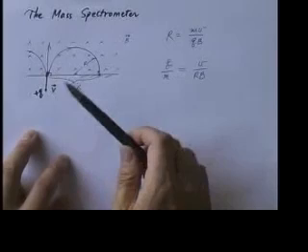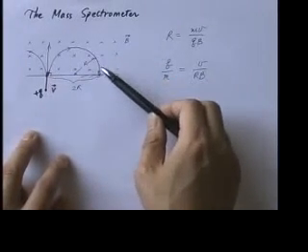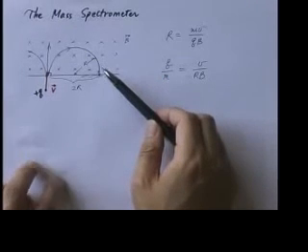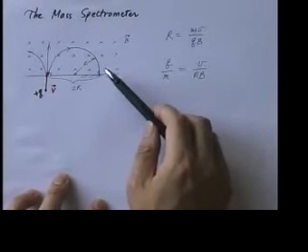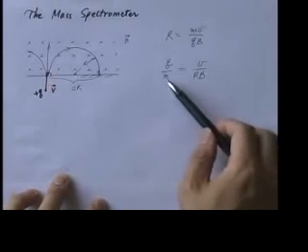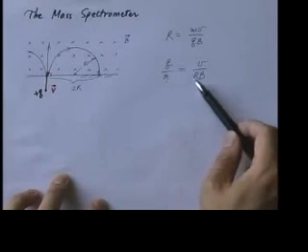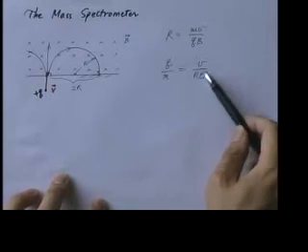As they make their way, they will not land exactly at the same spot. The heavier particles, the more massive particles, will have a greater radius if everything else is the same, same v, same B.